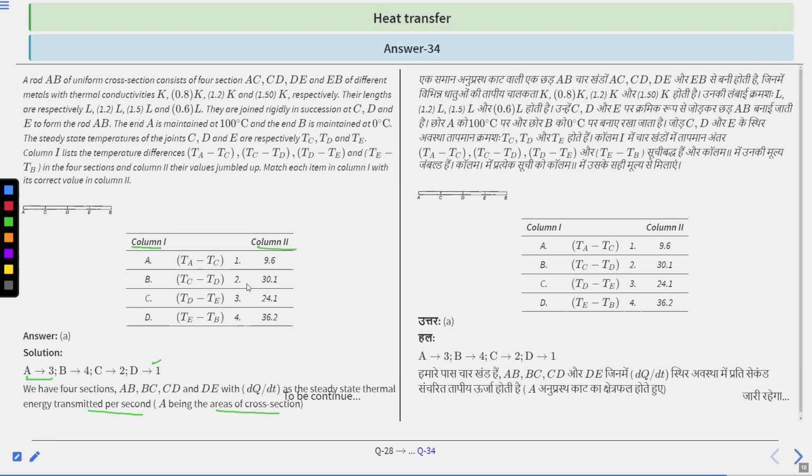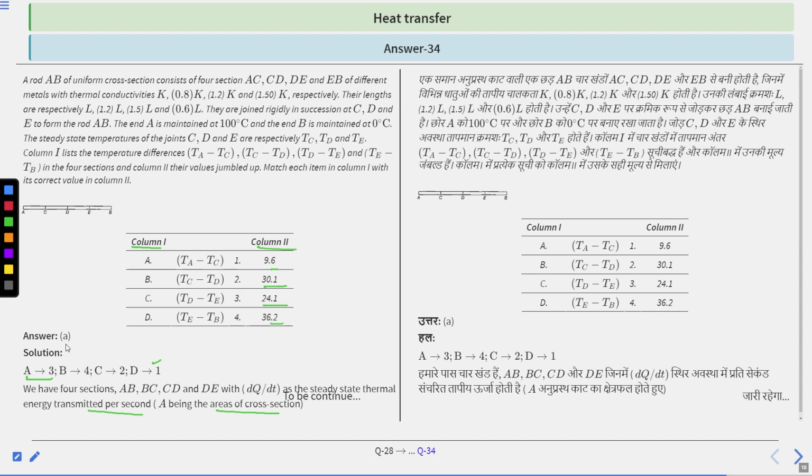A matches 24.1, B matches 36.2, D is 1, and C is 2, 30.1. Clear? So column 1 and their matches with column 2. Clear?